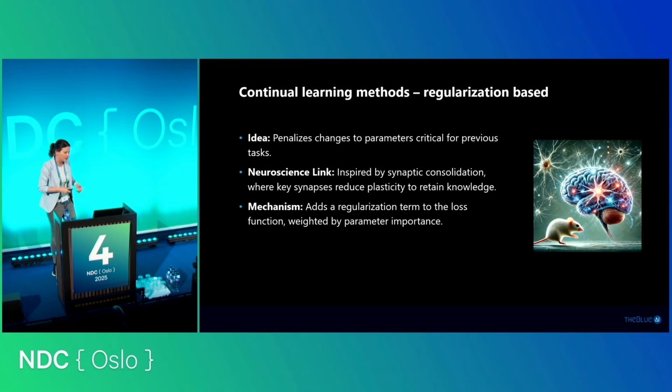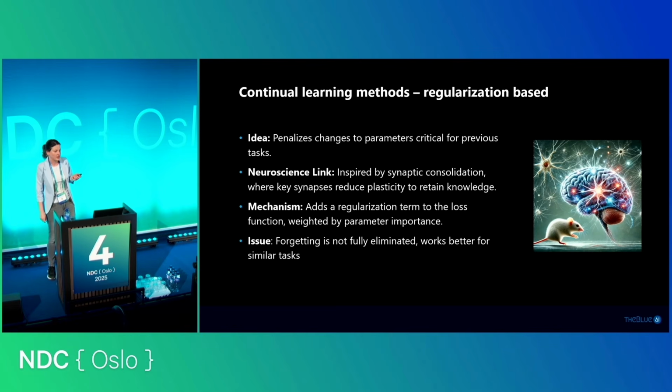There are specific ways to do that. For example, the Fisher information matrix allows us to detect which of the parameters were important here. But this is not perfect. Usually the forgetting is not fully eliminated, especially if we have bigger models. And it usually works best if we have similar kinds of problems that we are trying to solve.